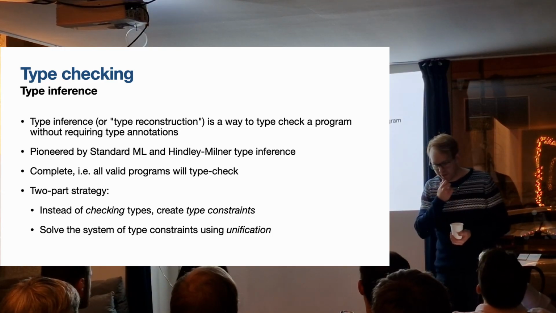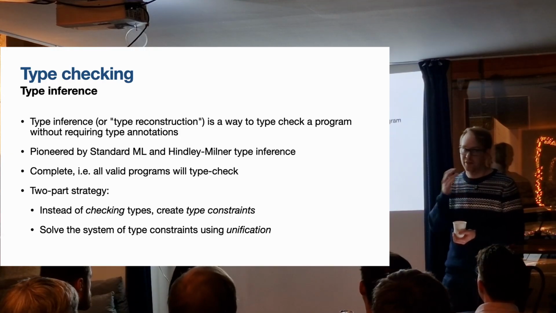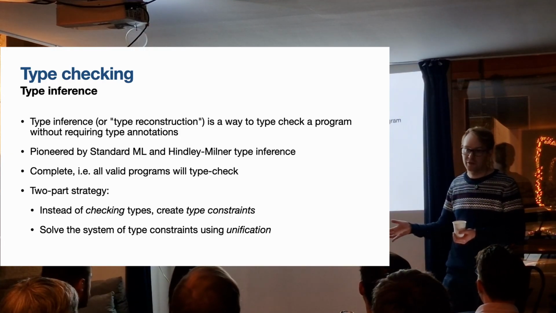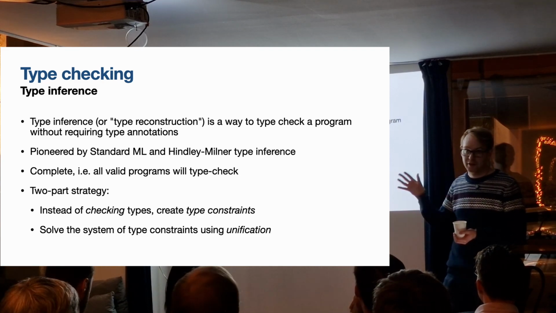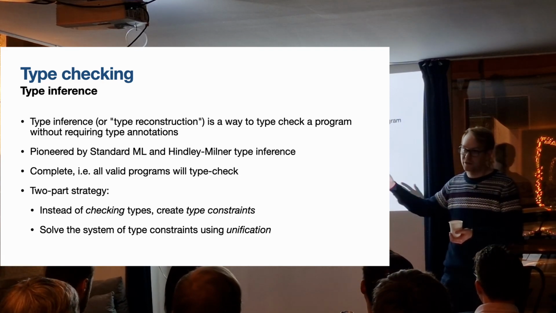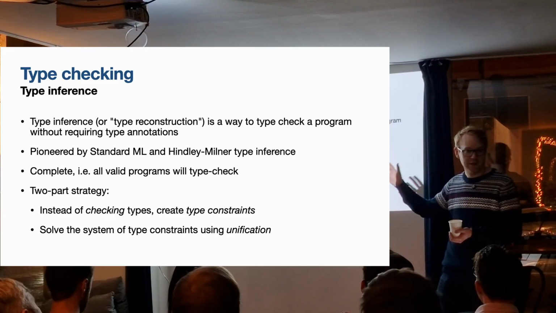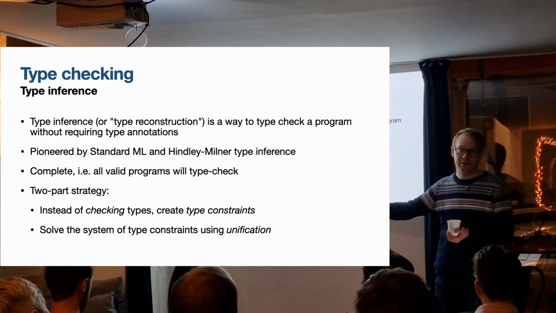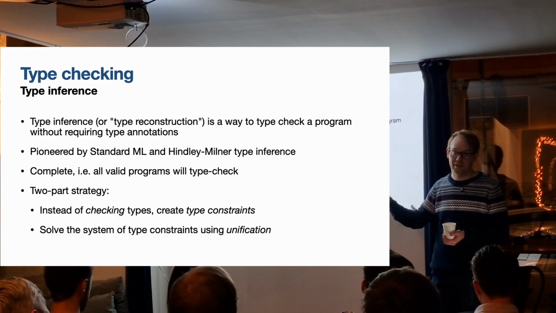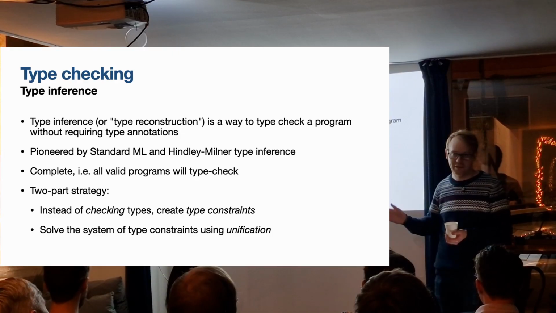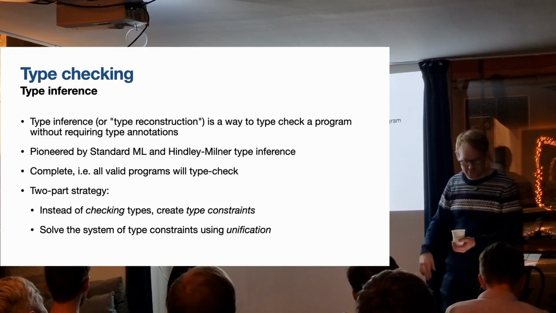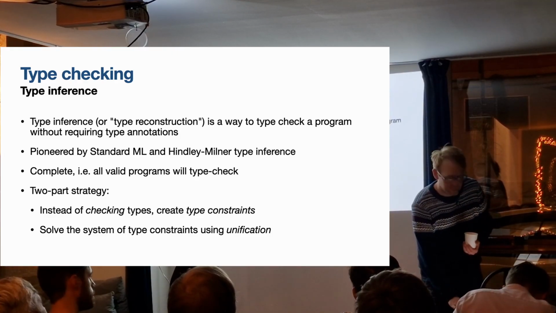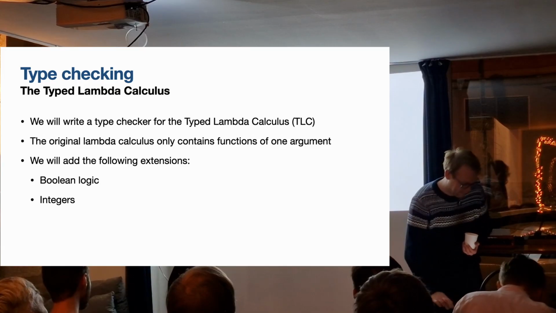And you can think of it as a strategy that has two parts. In one part, you build a set of constraints from the syntax tree. And in the second part, you solve the constraints. And we'll get into more detail about how those things work soon.